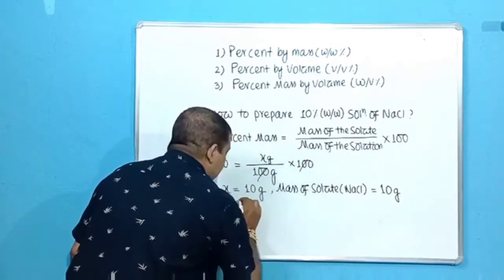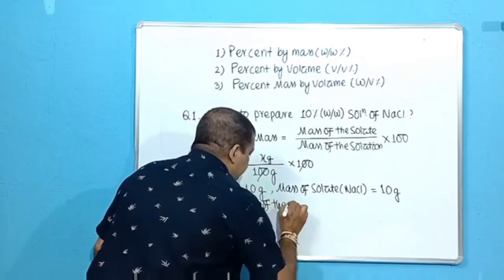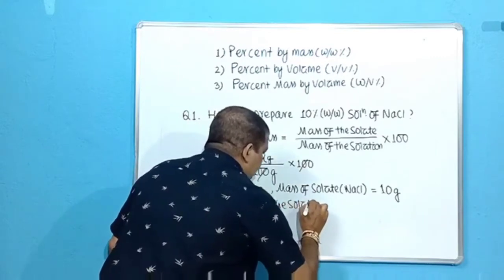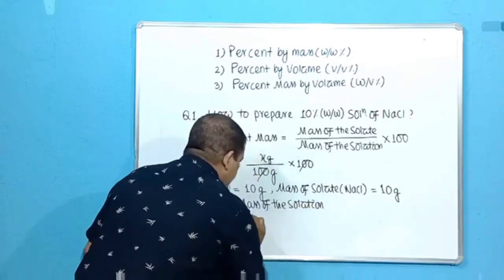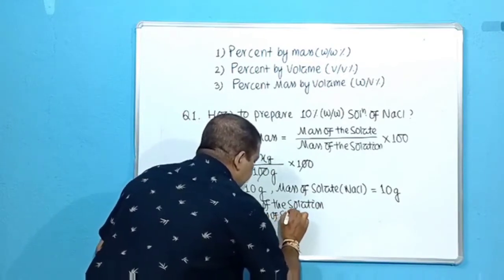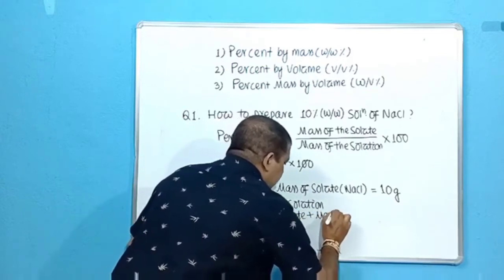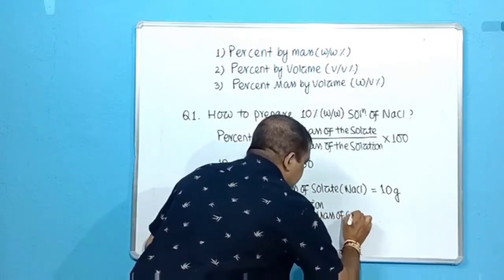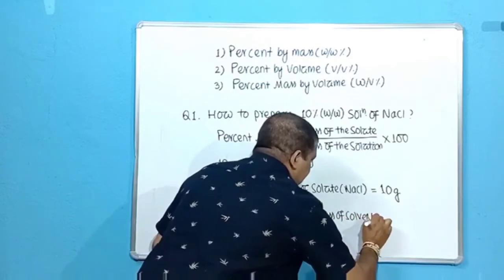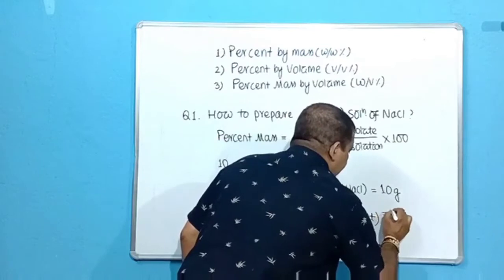You know, we have taken mass of the solution, that means mass of the solution means mass of solute plus mass of solvent. What is the solvent here? Now water. These two will be 100 gram.